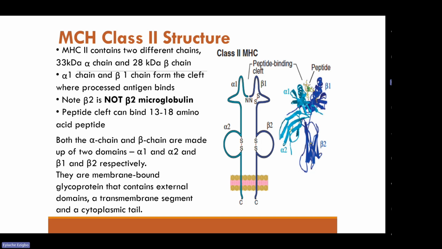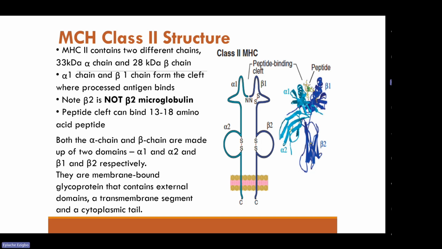The alpha 1 chain and beta 1 chain form the cleft where processed antigen binds. Note that beta 2 is not beta 2 microglobulin, as we said in class 1 MHC. This is not beta 2 microglobulin. Peptide cleft can bind up to 13 to 18 amino acids.